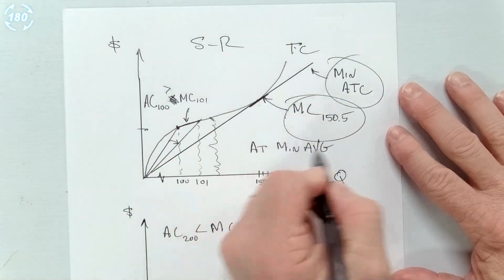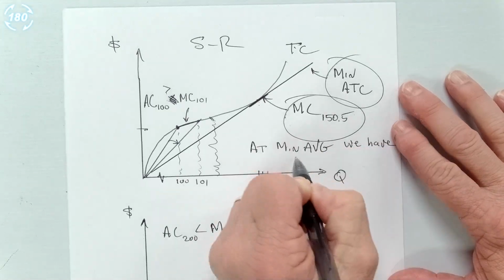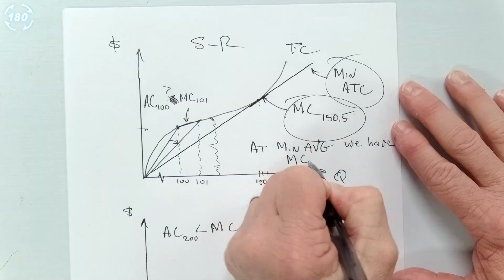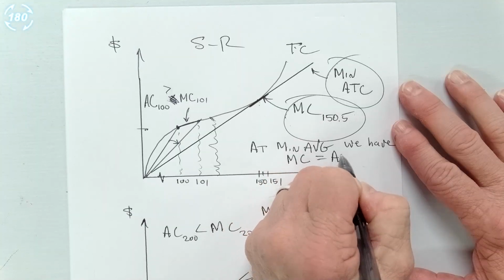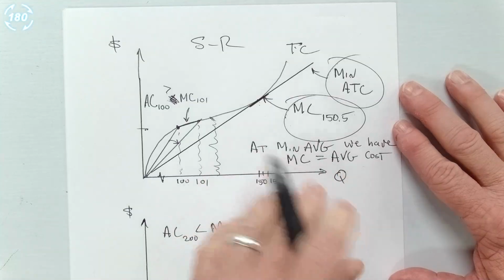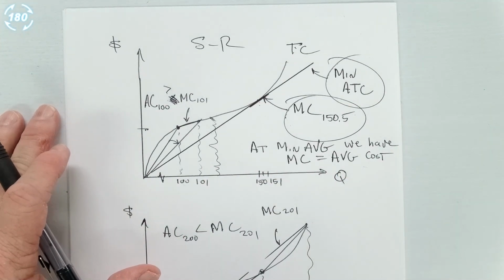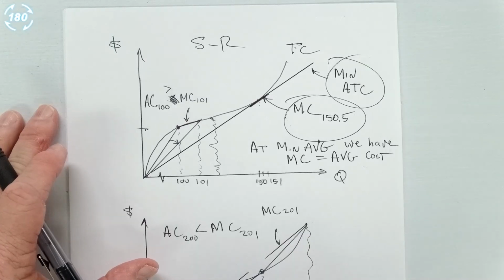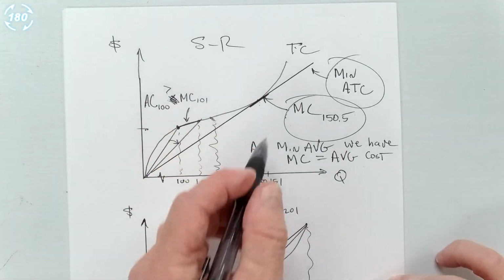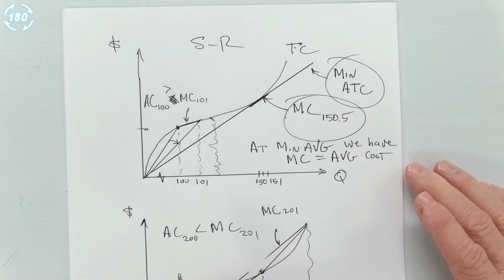So at the minimum average, the marginal cost equals the average cost. If it's a marginal product, you've got the same sort of relationship going. So when an average becomes a minimum, the marginal equals the average.